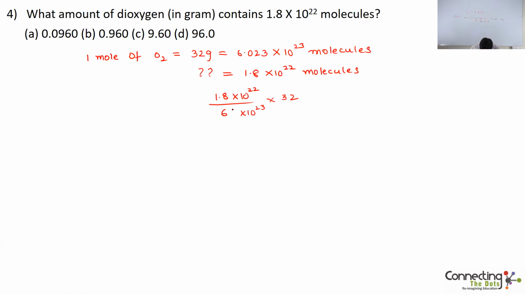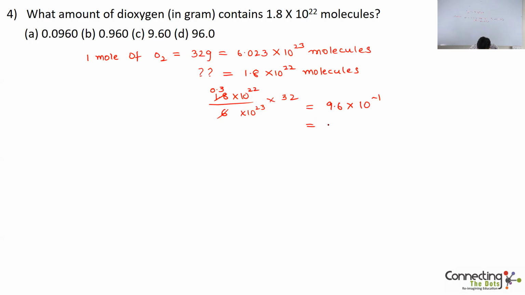So 18 divided by 6 is 3, so it is 0.3, and 0.3 times 32 will be how much? Let us calculate that. I'm getting 9.6 times 10 power minus 1.